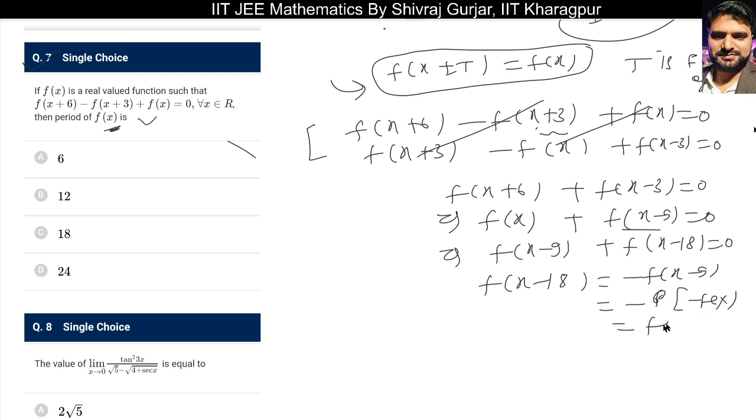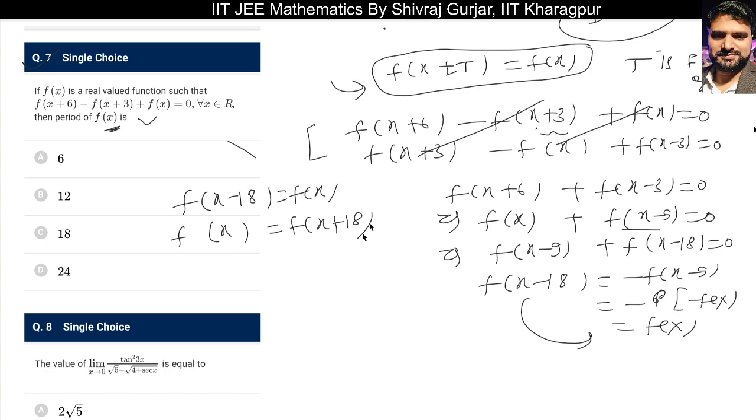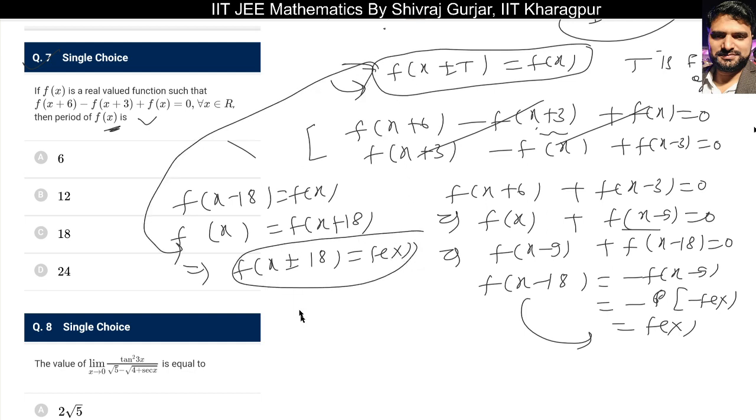So this will give f(x). So we have f(x minus 18) equals f(x). And if we replace x by x plus 18, that will give f(x plus 18) equals f(x). If we compare these two, we can see that T, the fundamental period, is nothing but 18.